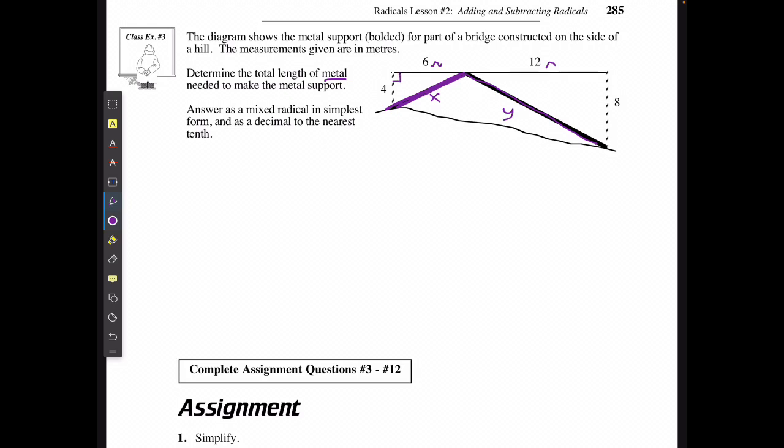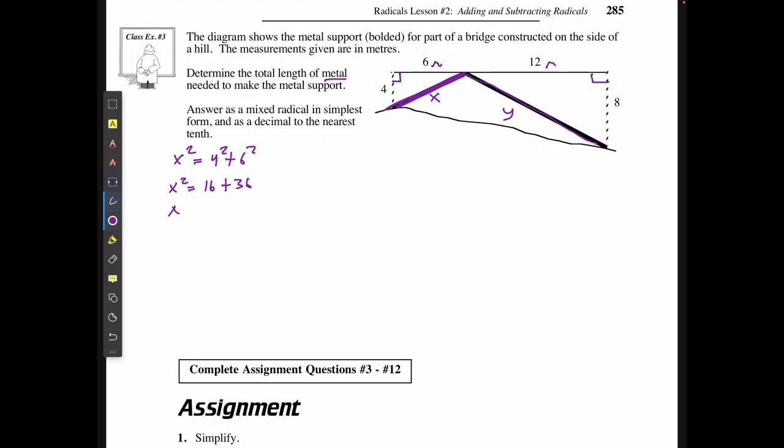Now these are both right angle triangles, so I'm solving for the hypotenuse, which is something that we've done before. I'm going to say that x squared is going to be the same as 4 squared plus 6 squared. This means that x squared is going to equal 16 plus 36.